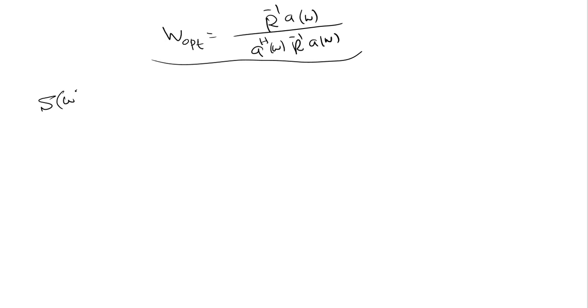Pseudo spectrum S(omega) is W optimum Hermitian R W optimum, which is the output power of our filter.